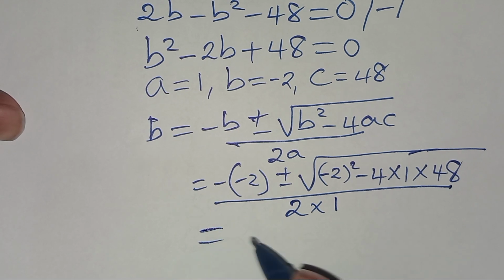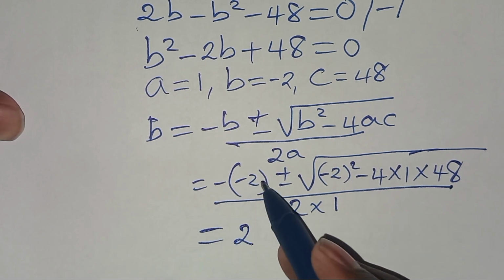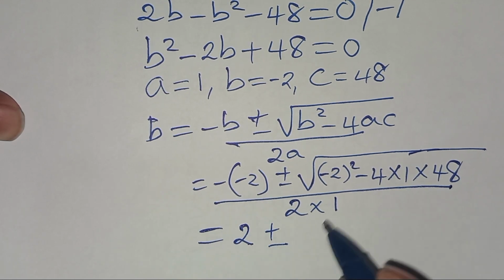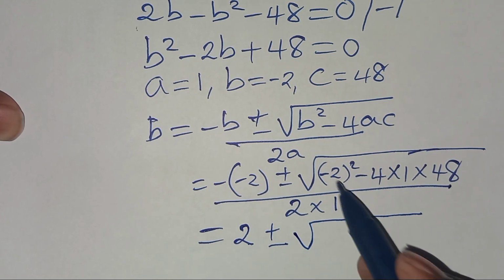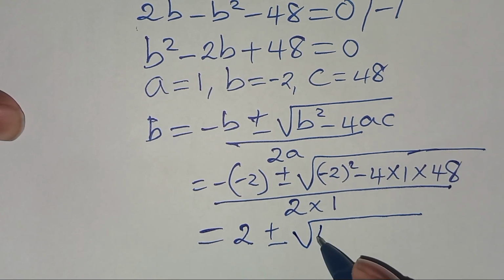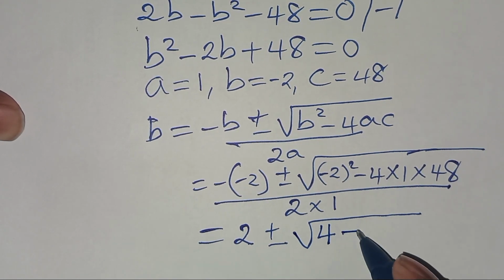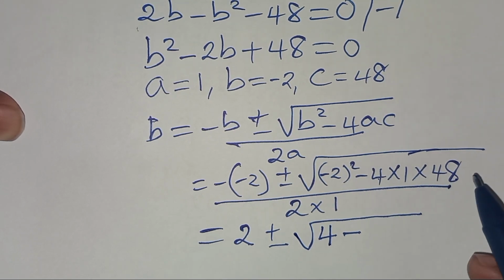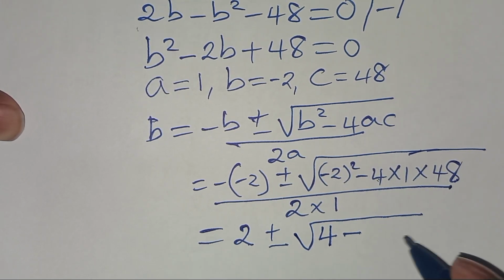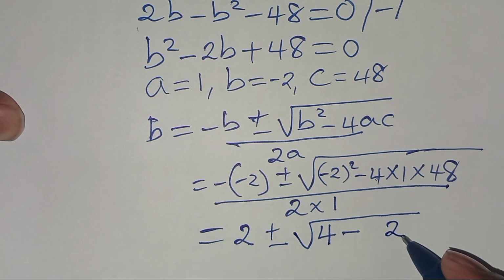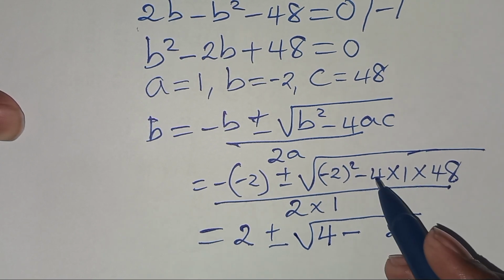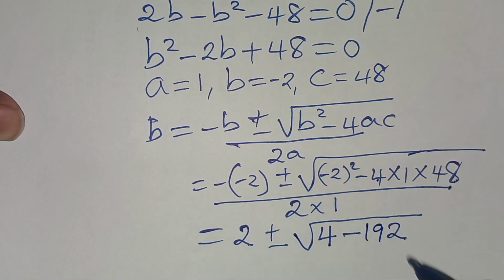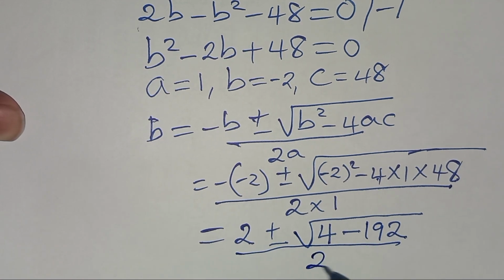So here we'll have 2, negative times negative 2, this is 2, plus or minus the square root of negative 2 squared. This is actually 4, subtract 4 times 48, okay? So this is 8 times 4, which is basically 32, carry 3, then 4 times 4, 16 plus 3, this is 192, divided by 2.